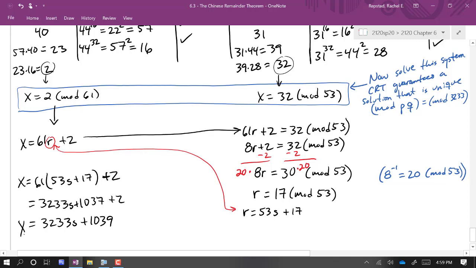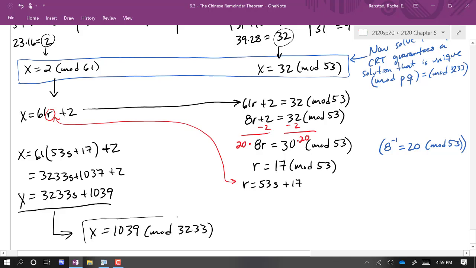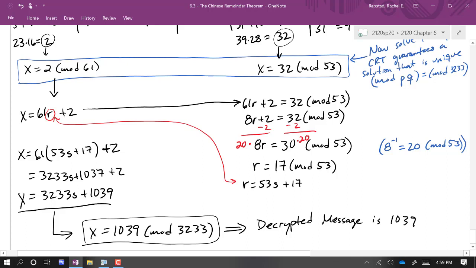So there's x, and look, what we just deduced here is that x is equal to 1039 mod 3233. And that means that the decrypted message is 1039, which is what we should have gotten. Victory.